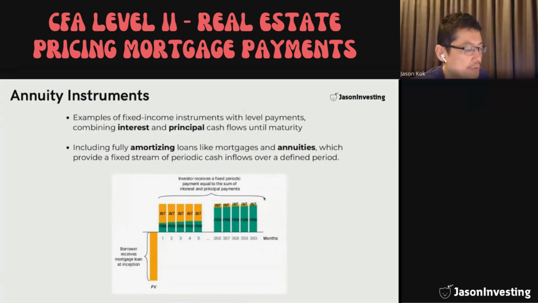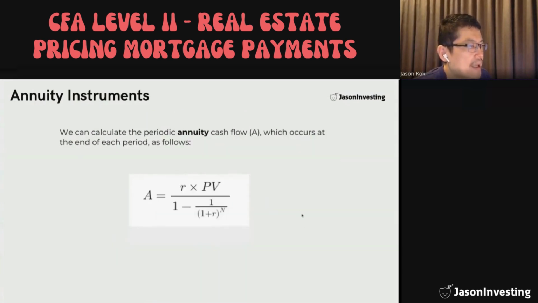So how do we compute the payment for each period? The payment is constant, right? We are just assuming a fixed rate mortgage for the whole duration of the loan. There is a formula we call the annuity cash flow formula that you can use to calculate the payment.